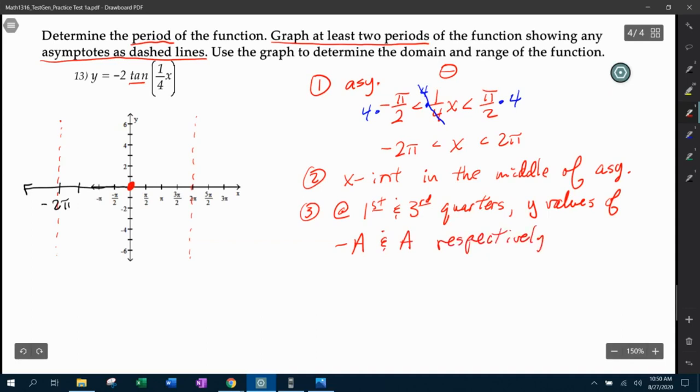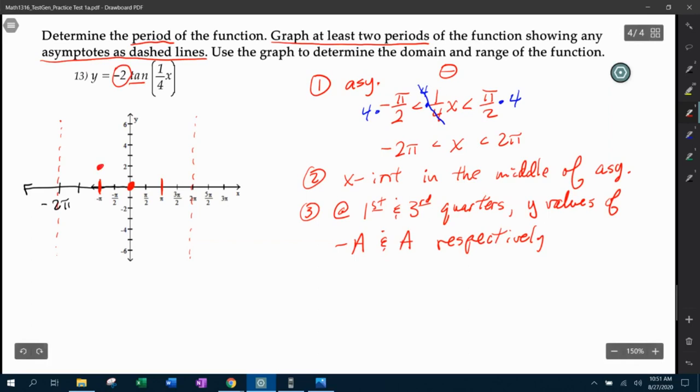Now, what does that mean? That means that if you look between the asymptotes, the x-intercept is halfway, and then if we cut that up into quarters, 1, 2, 3, 4, if you cut it up into 4 spaces, those are quarters. And so at the first quarter, you're going to have a y value of negative a. Well, a is already negative, so that's going to make that positive 2.